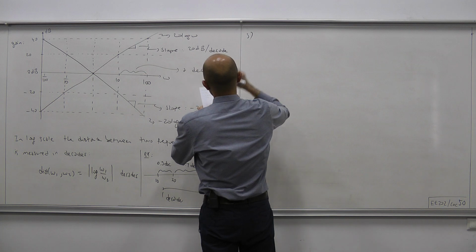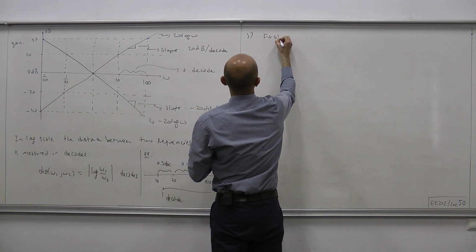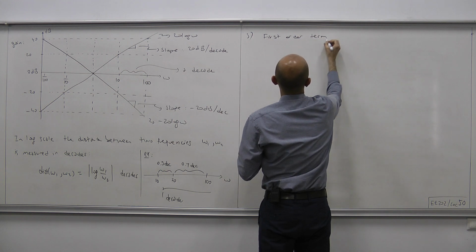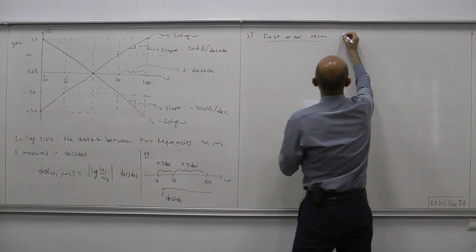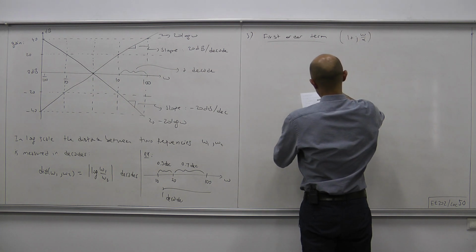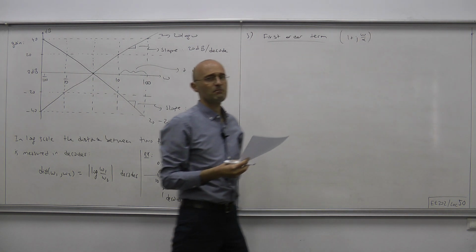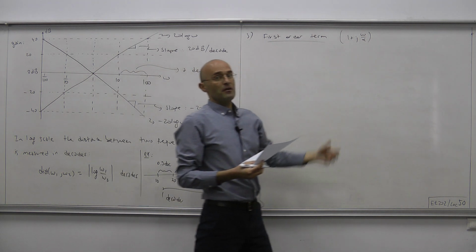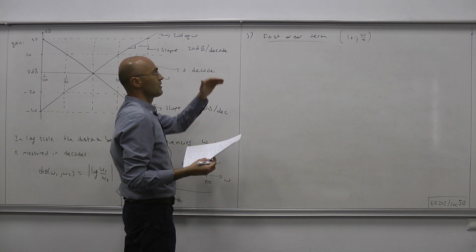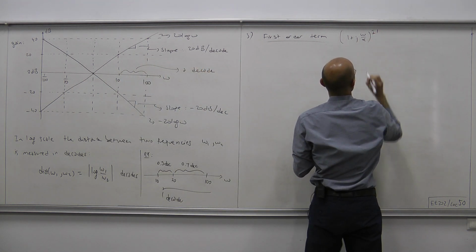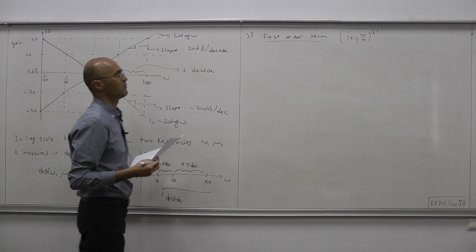Okay, third type, first order term: 1 plus j omega over alpha. Okay. If it appears in the numerator, this is the term. If it appears in the denominator, then we have 1 over that thing. Okay, so it's either plus or minus 1, the power.